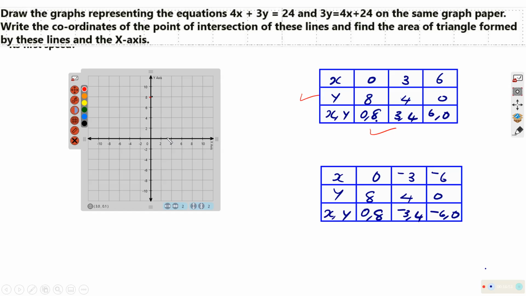Okay, I will mark it here. Then we have 6 and 0, 6 on the x-axis, again to the right, 0 means there only. So we got 3 points for the first data. I have to connect these 3 points first. Yes, it comes in a line.